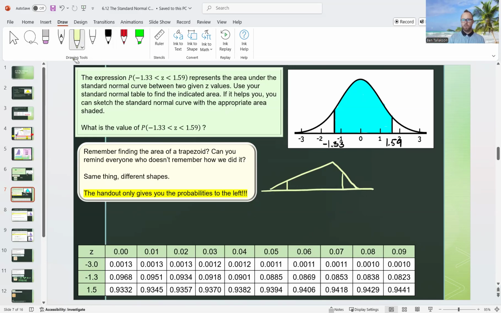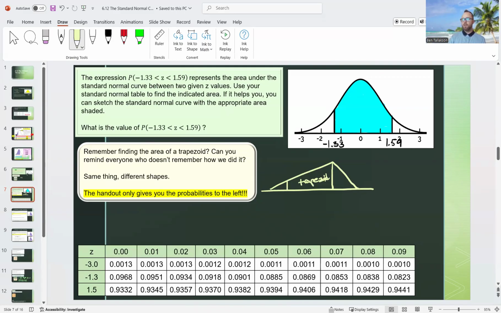Not quite close. It looks more something like this, where the trapezoid is this shape. And we were trying to find out, how do I find that area? Well, you could use the formula for a trapezoid, but what was the other way?